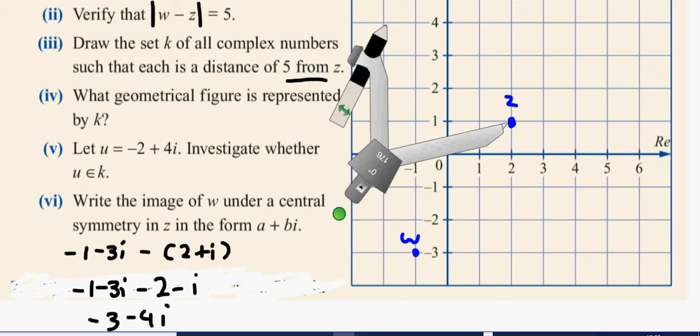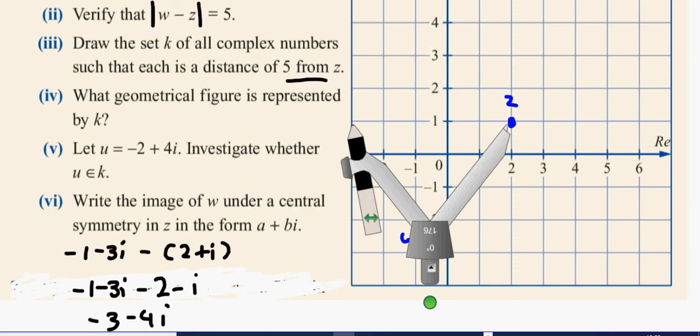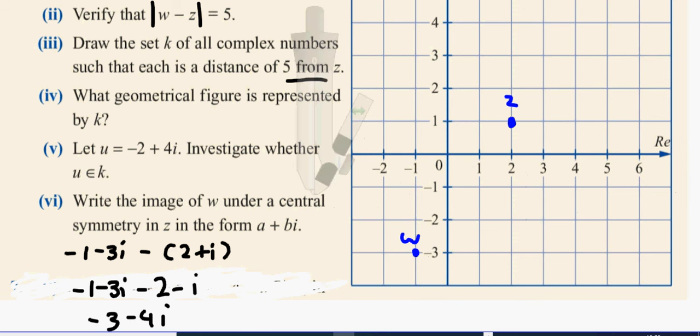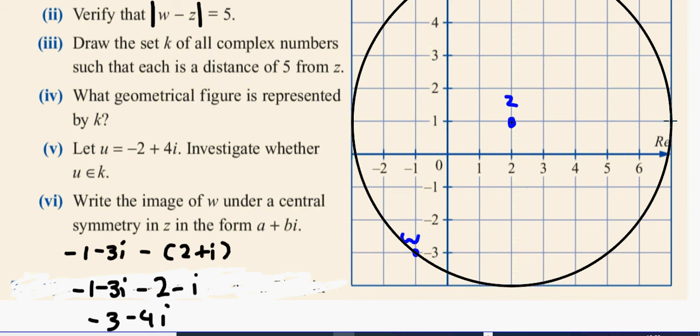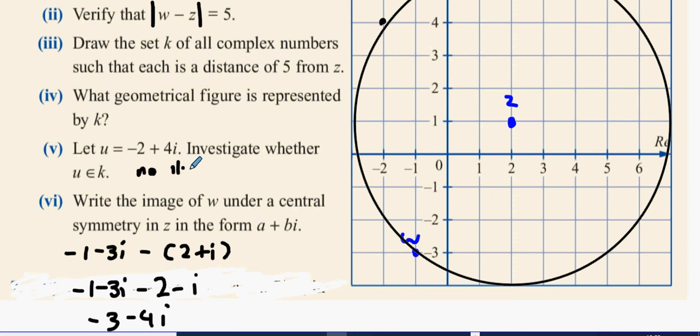So I was meant to do that, but we will revisit my compass usage and go for a proper circle, like so. And minus 2, 4 is still missing it. It's close, but it's slightly outside it. So I'd say no, it's not an element. No, it's outside.